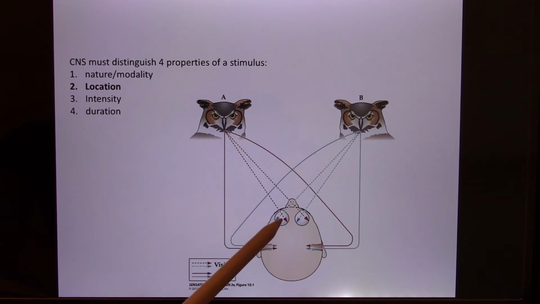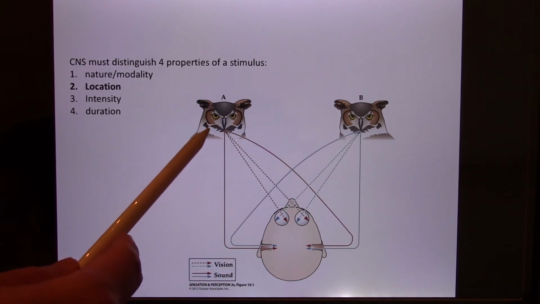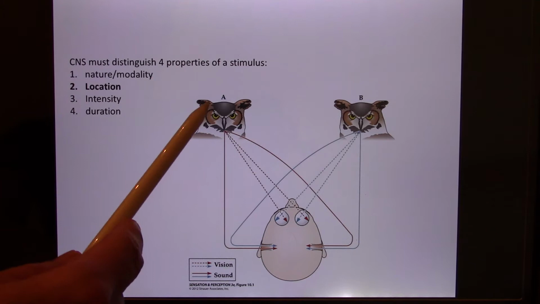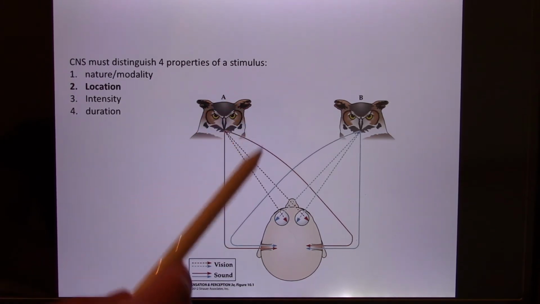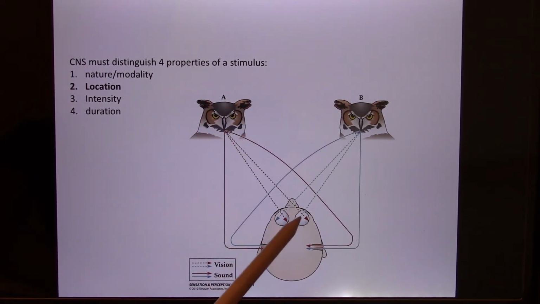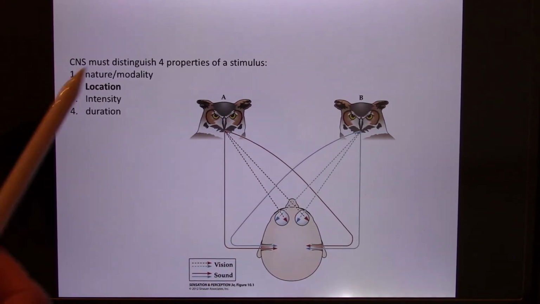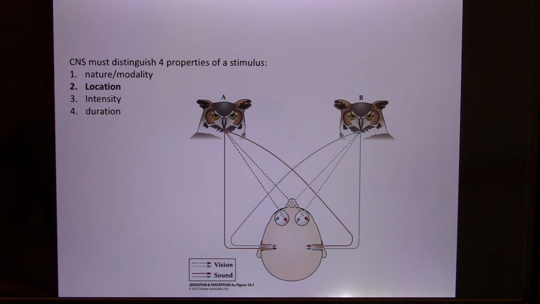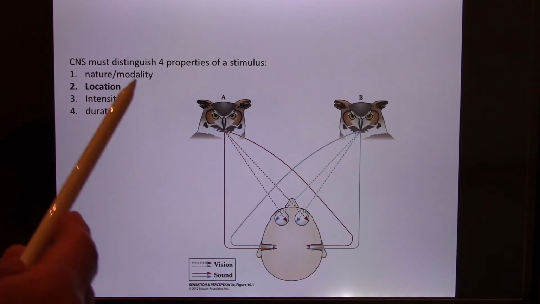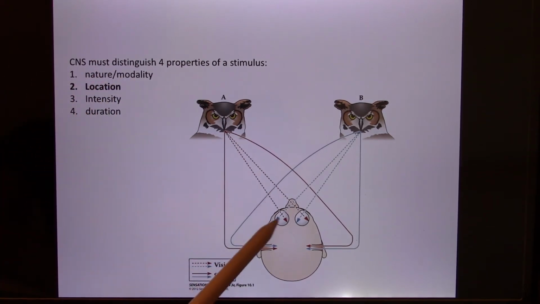Like if you look at an object in front of you, you close your left eye, you close your right eye, you find the object jumps a little bit. That's because there's a small angle difference. And your brain can use this angle to recreate the depth perception. So the depth is recreated by the brain. But for all the other, the two-dimensional, your retina can completely pick up the signal. So location is not a problem for the visual.